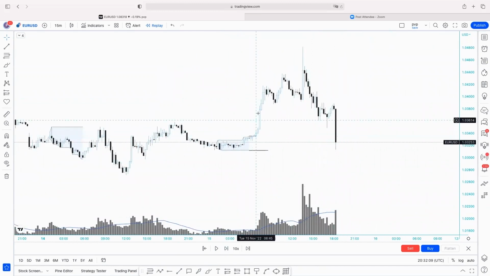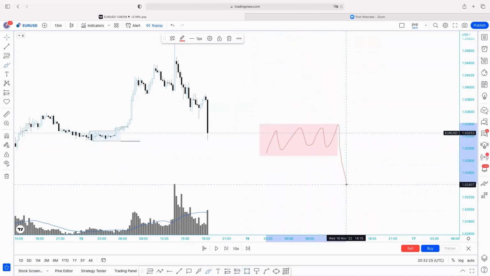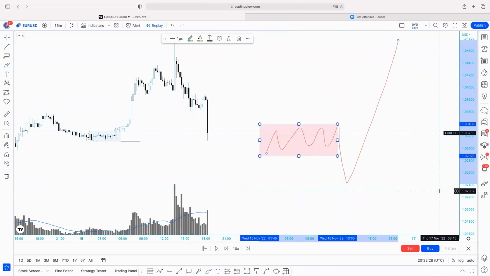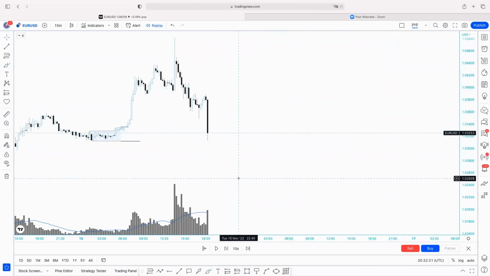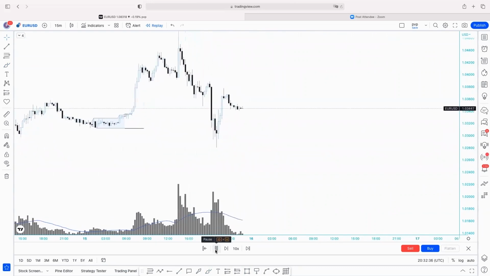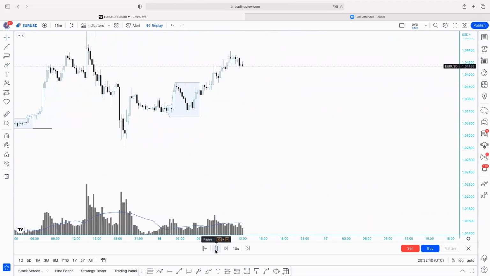So we manipulate the Asian range to the upside in order to continue and have a bearish day. Vice versa, if it is a bullish day, we will manipulate the Asian range to the downside in order to have a bullish day. So before actually going into the backtest, I just want to show you some examples of what I was talking about.